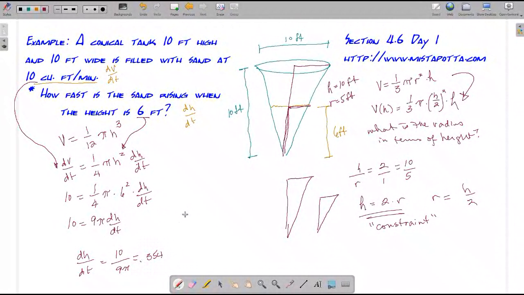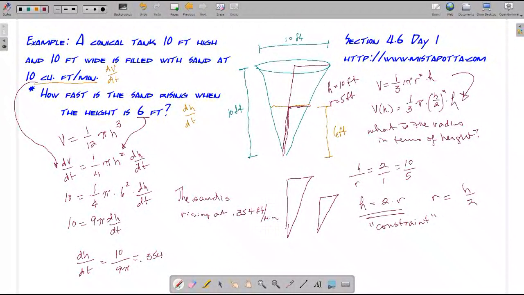So what I'm talking about here is that the sand is rising at 0.354 feet per minute.